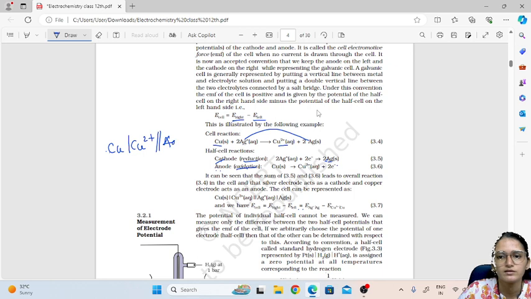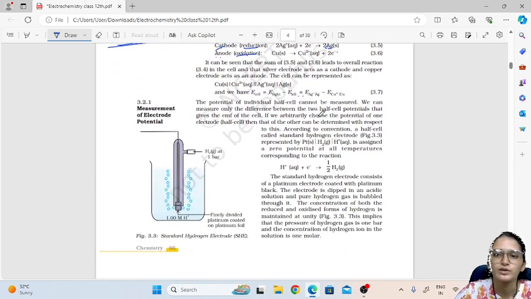Silver has this charge, so silver gains electrons to form silver. While representing the cell, there is no need to write the coefficients, like how we write the coefficients while writing the reaction. So this represents our galvanic cell for that reaction, where copper is undergoing oxidation and silver ion is undergoing reduction.